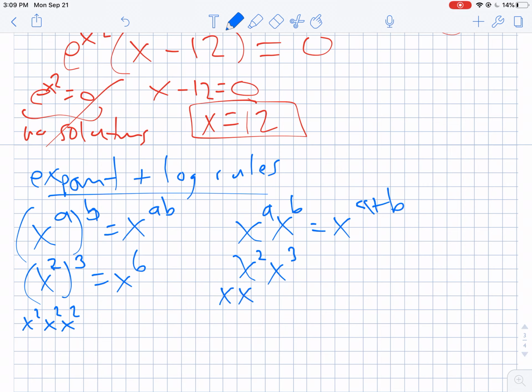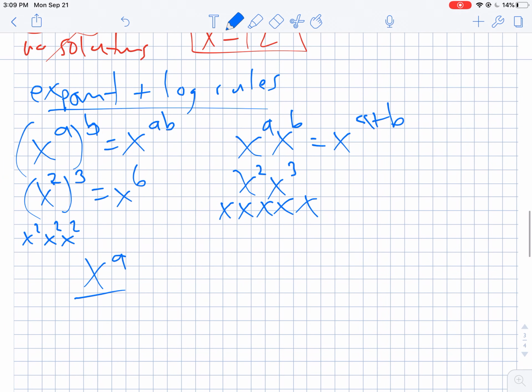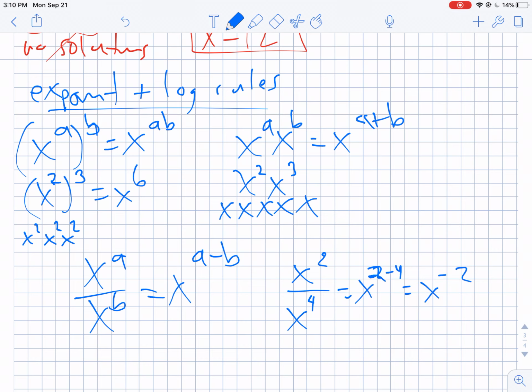That's like just 5 x's multiplied together. If you have x to the a over x to the b, that's x to the a minus b. So if you have x squared over x to the fourth, that's x to the 2 minus 4, which is x to the negative 2. So those are just some rules on that.